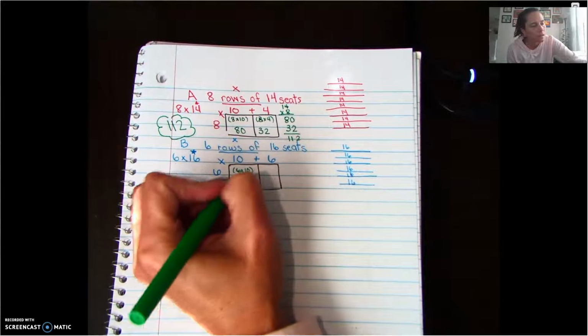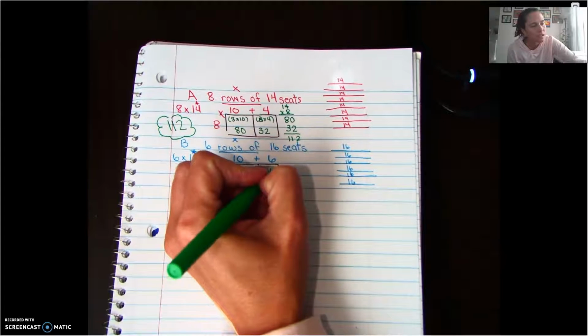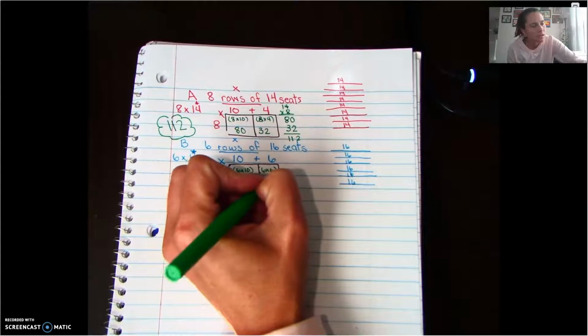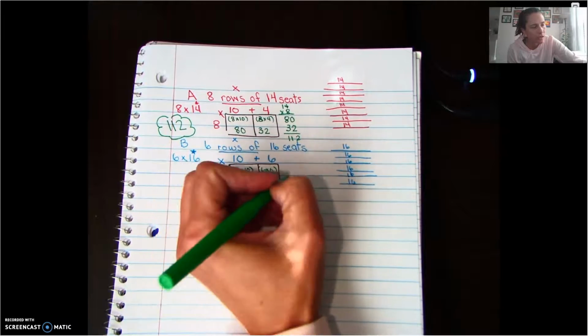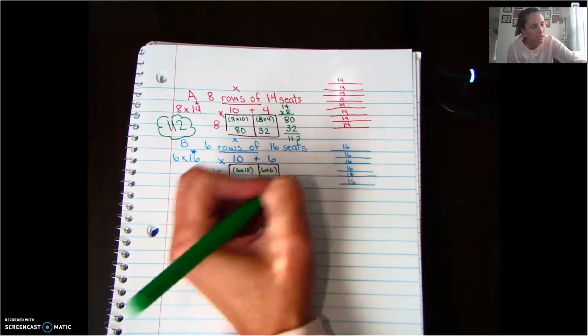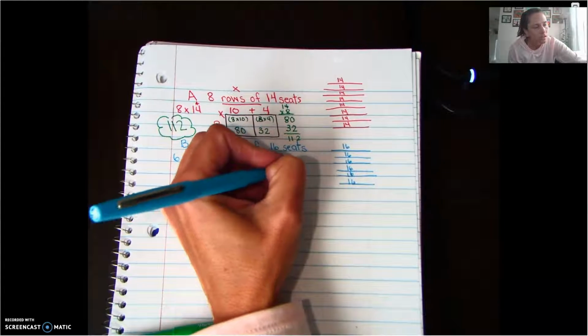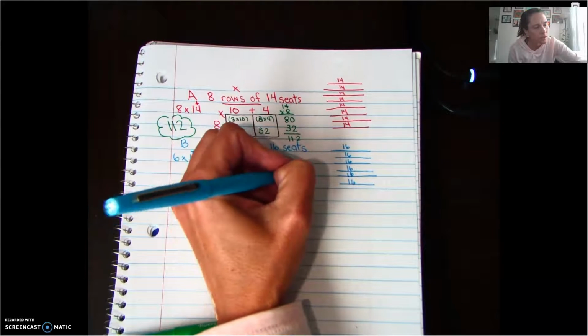6 times 10 is 60. 6 times 6 is 36, and if we bring it over here, those are our partial products, 60 and 36, and we would just write our 16 times 6 right over here.